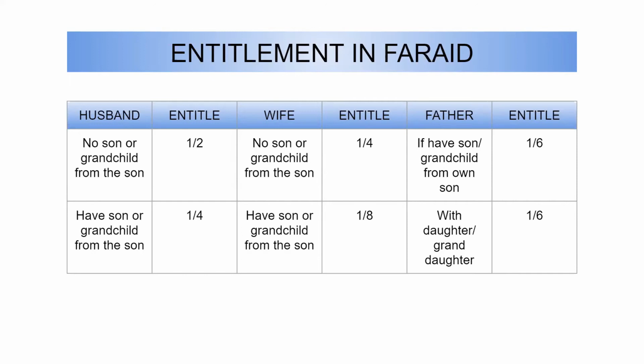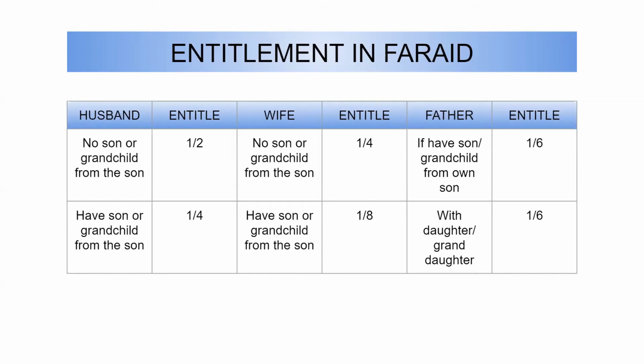After that, we will move on to the wife. If the wife has no son or grandchild from the child, the wife is entitled to 1/4 or a quarter of the faraid. But if the wife has a son or grandchild from the son, the wife is only entitled to 1/8 of the will. Okay, now we will move on to the father.